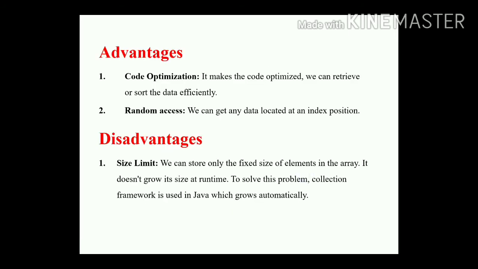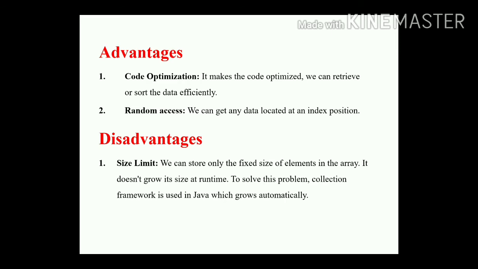Now we can discuss the advantages and disadvantages of arrays in the Java programming language. The first advantage is code optimization. It makes the code optimized, and we can retrieve and sort the data efficiently.